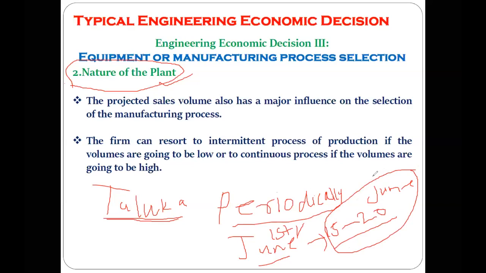Now when the company doesn't get any orders, in that case the machinery will remain idle. Idle means what? When the company doesn't get any order, the company machinery will remain idle.